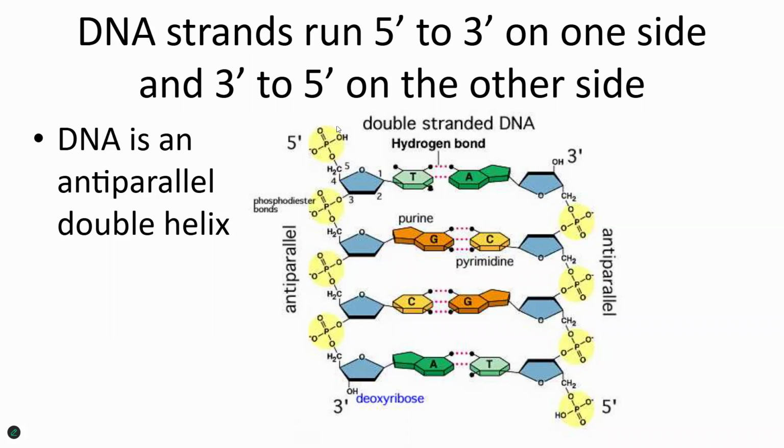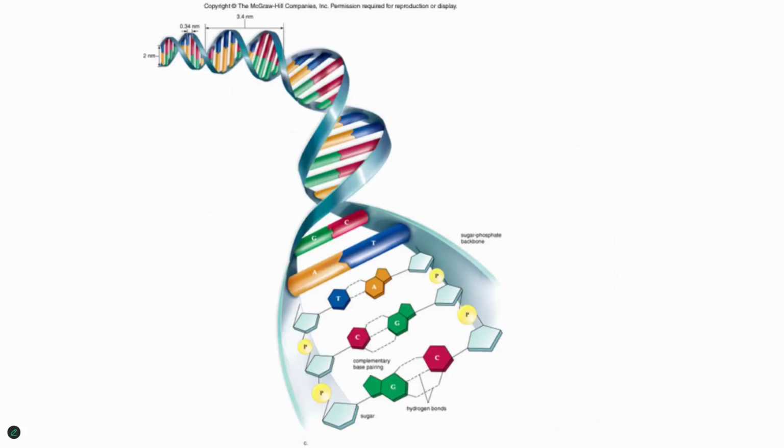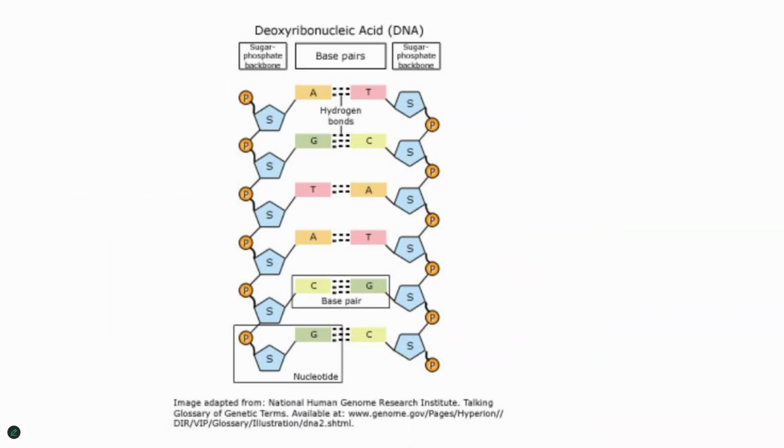And then down here, this end is closest to carbon number 5, which makes that the 5' end. So this strand on the left runs 5' to 3'. This strand on the right runs 3' to 5'. So the DNA molecule is anti-parallel. Okay, so that is the structure of the DNA molecule.